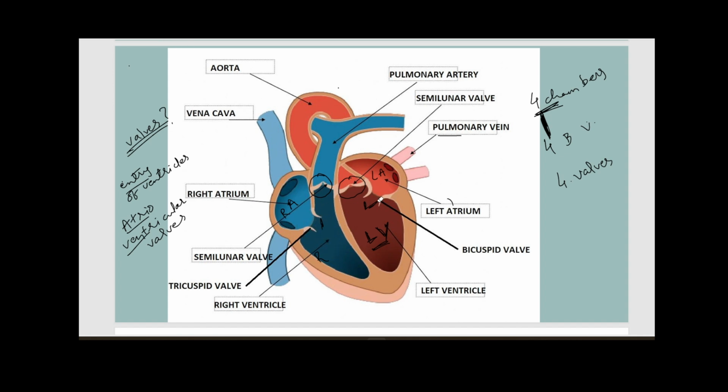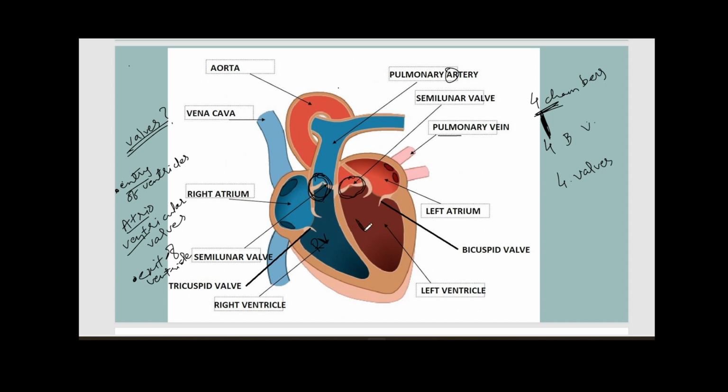Second set of valve is at the exit of the ventricle. First set at the entry, second set at the exit of the ventricle. So now ventricles connect to the respective arteries. So this is the exit of the right ventricle, which is what allows the blood to flow to the pulmonary artery. So there's a valve here.